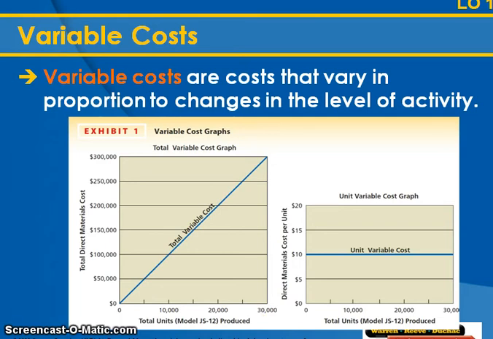Now we were talking about direct materials here, but I just want to mention other things that could be variable costs. Something like electricity could also be a variable cost, because if you are making one product or you are making 10,000 products, your amount of electricity usage is clearly going to change if your product requires lights and heat or air conditioning and electricity in order to make it.